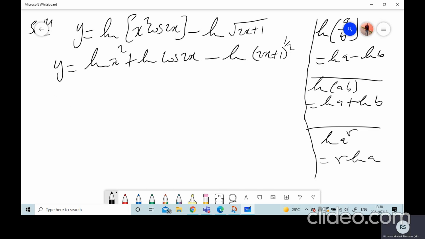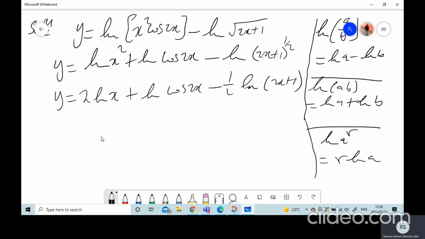Even here I see this property in my first term. Okay, this would be y equal to, apply this property, take 2 down, ln of x plus ln of cos 2x minus, apply the property, half ln of 2x plus 1.